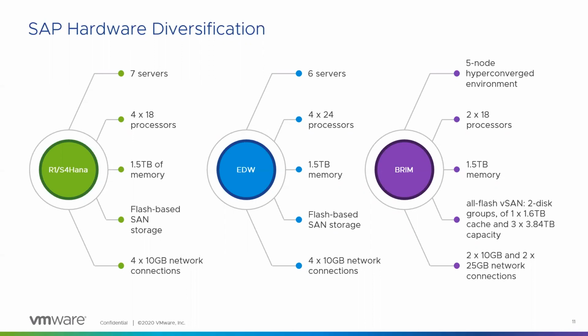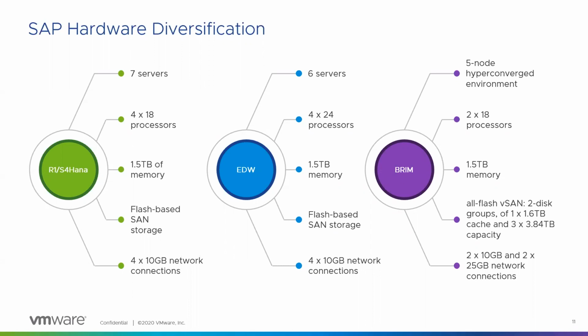Early on, we deployed on HP hardware, and then we deployed on Dell, and then we moved on to VxRail using vSAN, as vSAN is certified by SAP and VMware to run SAP HANA. So there are quite a few options available to you, and based on your workload, it's important that you figure out what kind of sizing you need.